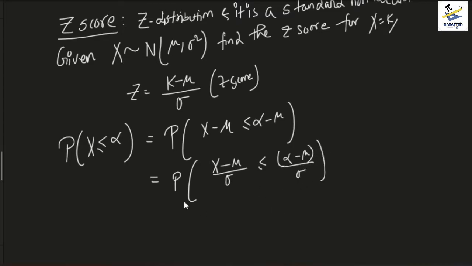Now if x is directly a normal variable, it's fine. But if x is just a representative of a sample which has n entries in total, then what we do is multiply by root n on both sides, and the same here.